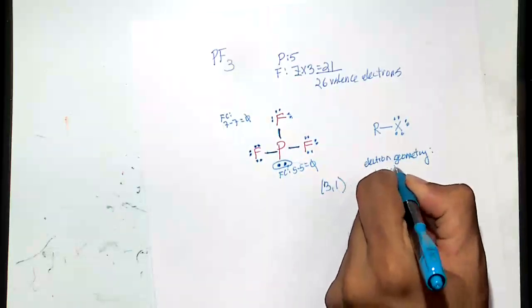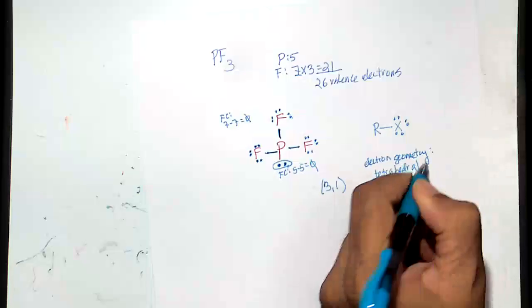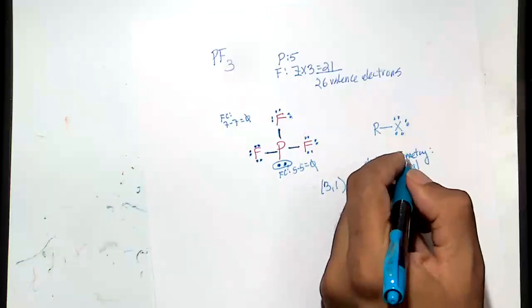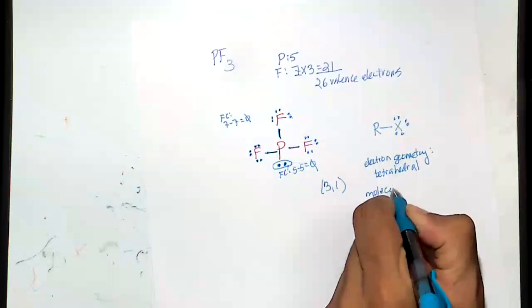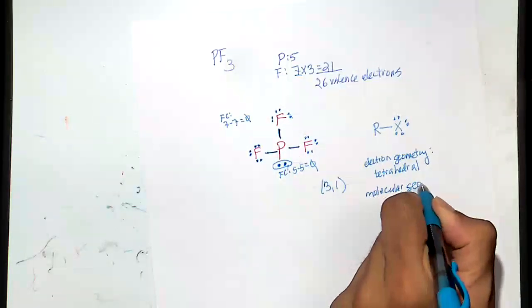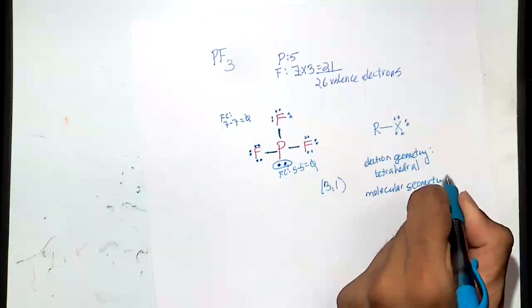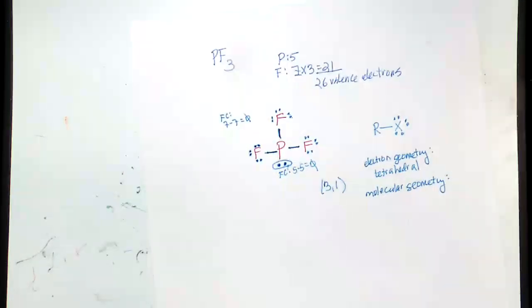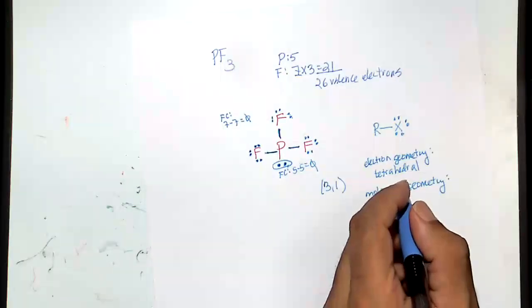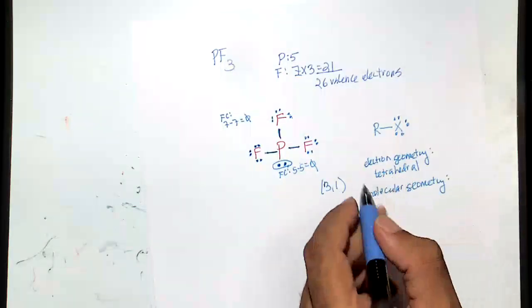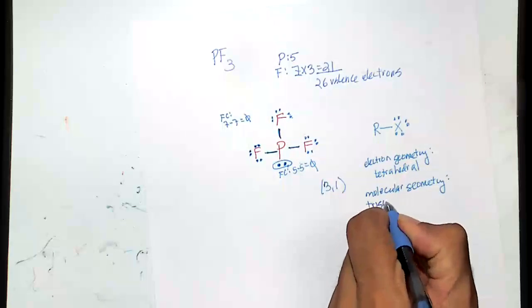So it is not tetrahedral because of the lone pair. The lone pair imparts a molecular geometry that is trigonal pyramidal.